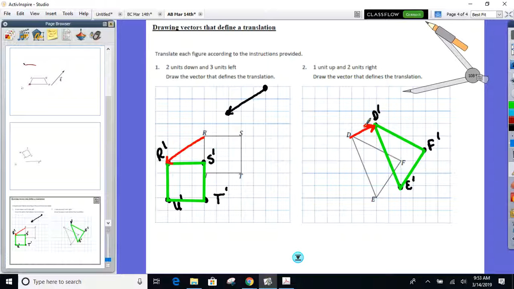I just want to let you guys know, because there's going to be questions. The pre-image is the dashed figure. The image is the solid figure. Okay, because that's going to count when you draw your translation vector. So the dotted lines are pre-image. Solid line ones are the image, and you can get going on those right now.